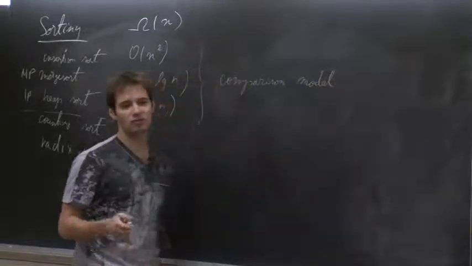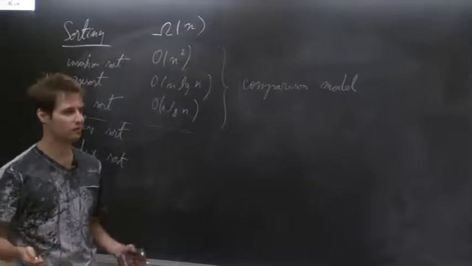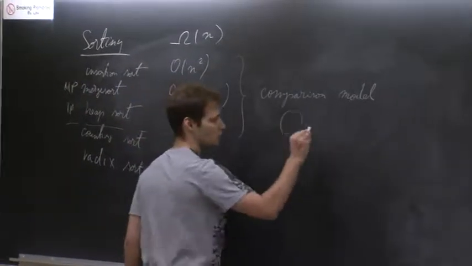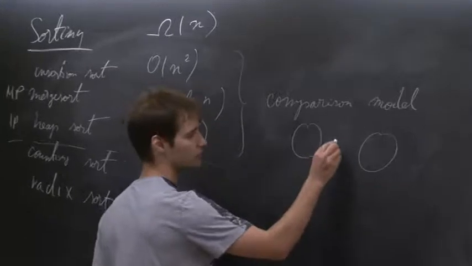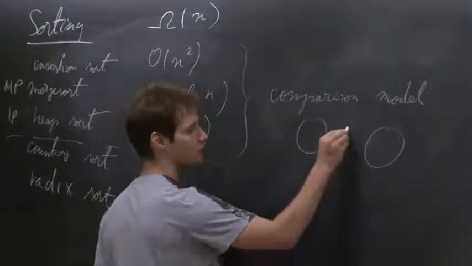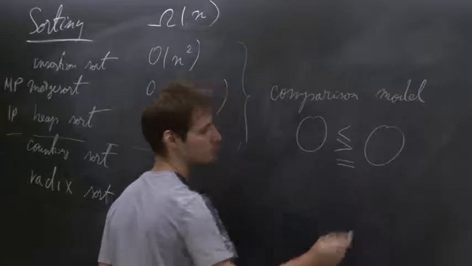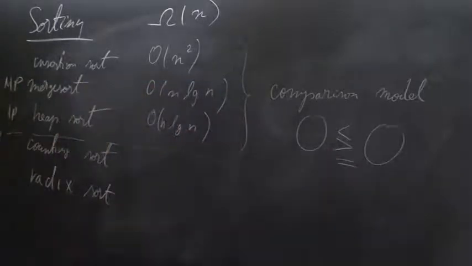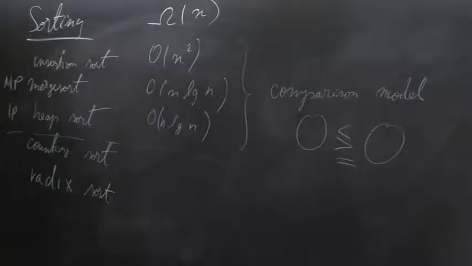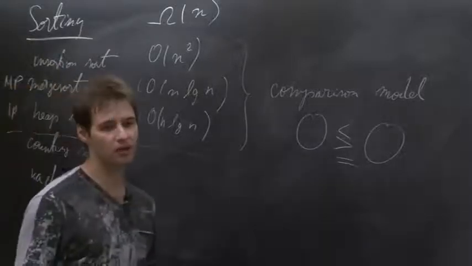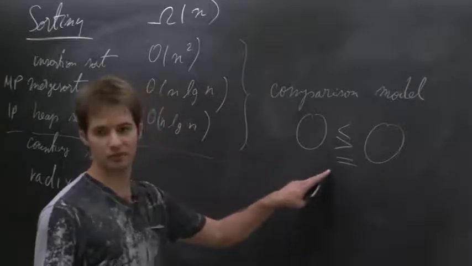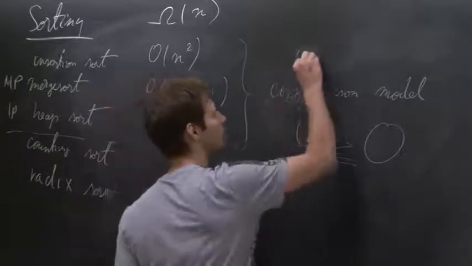In that model, you do not need to know too much about your keys, the elements in the array that you're sorting. Your keys are blobs, and all they have to be able to do is, if you have two of them, you have to know which one's greater. That's it, nothing else. What's the problem with the comparison model? It takes time to compare things. That's like with everything. We learned in lecture that there is a lower bound for the comparison model. If you want to sort using nothing but this information, that will take you at least n log n time.